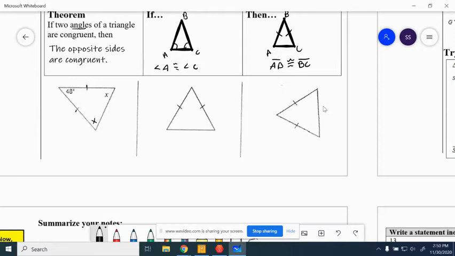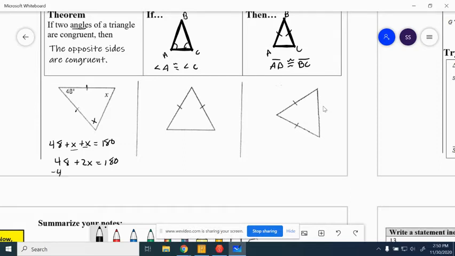All right, and then from there, I know that all the angles on the interior of a triangle have to add up to equal 180. So I can say 48 plus x plus x is equal to 180. Combine these like terms, we get 48 plus 2x is equal to 180.